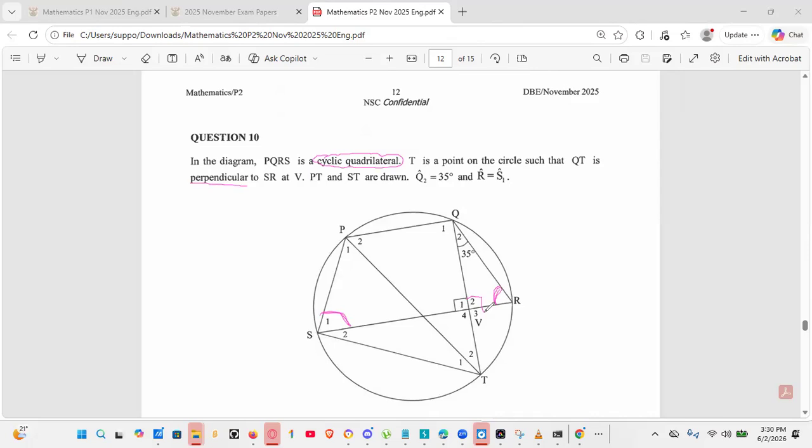Subtract from 35, we get 180 minus 35 minus 90 to get angle R, because those two are in triangle VQR. So that's 55.